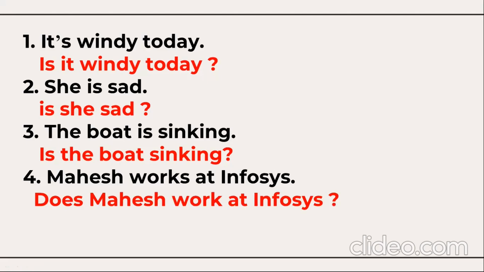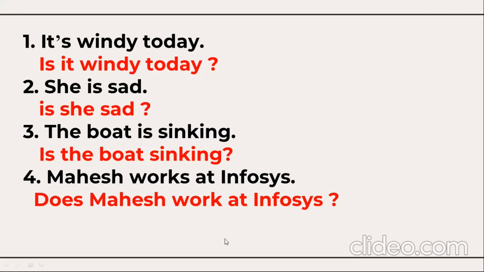So how do we identify this? When the main verb is associated with an extra s or es, you need to understand there's a helping verb, does. When you frame a yes or no question with does, you need to remove the extra s or es from the main verb. We won't say, does Mahesh works at Infosys? It's wrong.